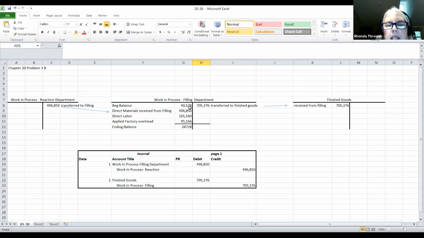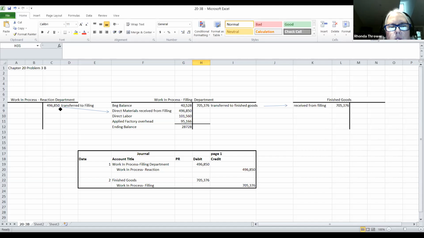The beginning balance was given to us. It came from last period's ending inventory that was brought forward. So these T accounts represent ledger accounts. We had a beginning balance, and this amount was given to us.